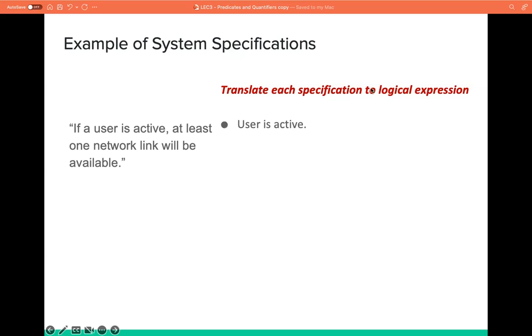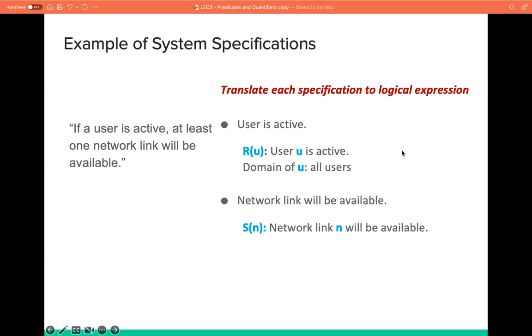Okay, so we can translate this specification to a logical expression. We can express it using this. We have there exists U, or there is a user U that is active. If a certain user is active, then it implies that there will be one network.